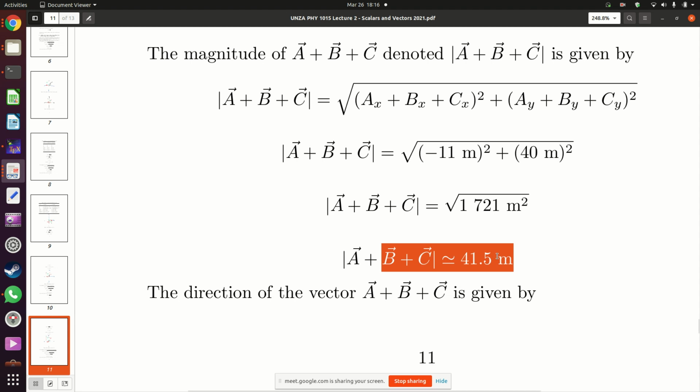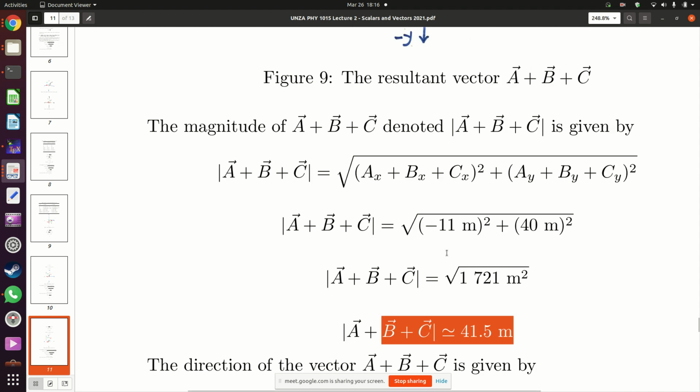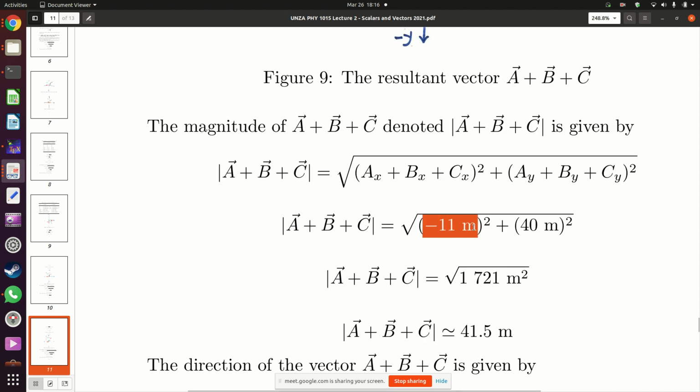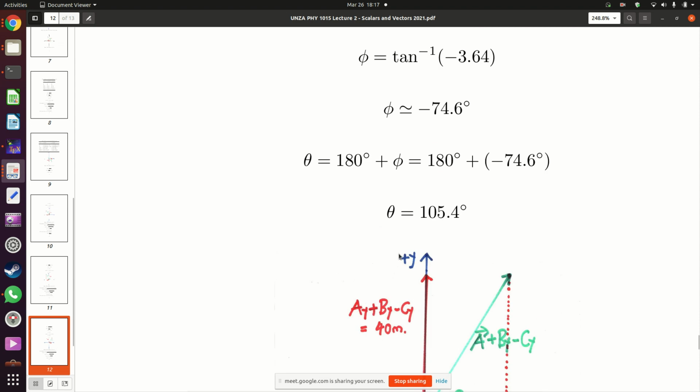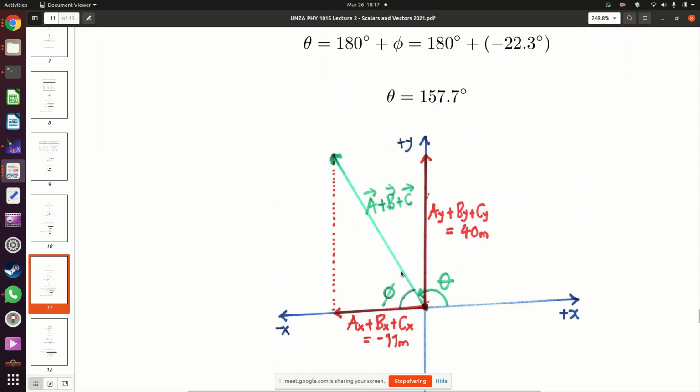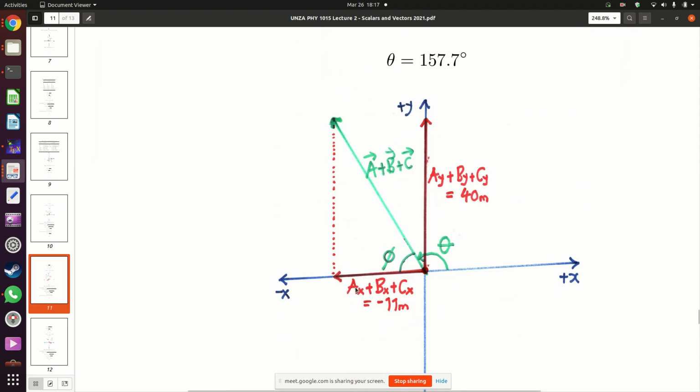Where is it located? What is the direction of the vector A plus B plus C? Along the x-axis, as you can see, it is minus 11 meters. Along the y-axis, it is 40 meters. So if you make a sketch of this, AX plus BX plus CX along the x-axis is minus 11 meters, so it's this way. Then along the y-axis, AY plus BY plus CY is 40 meters, so it's pointing in the positive y direction.